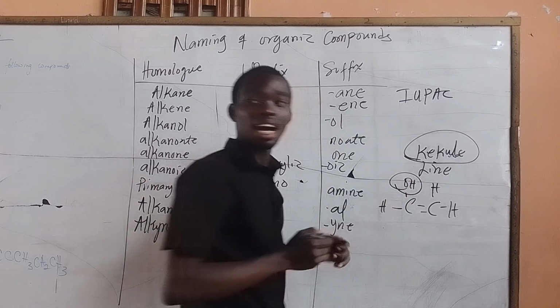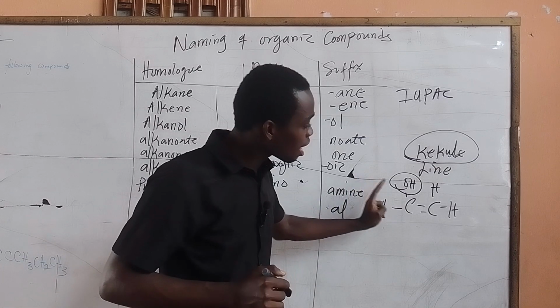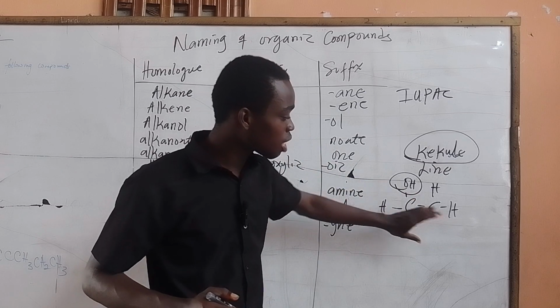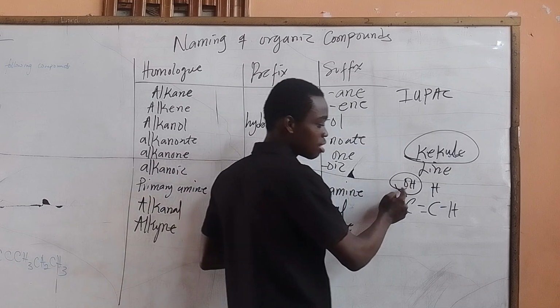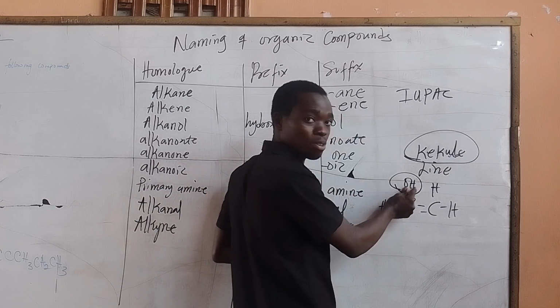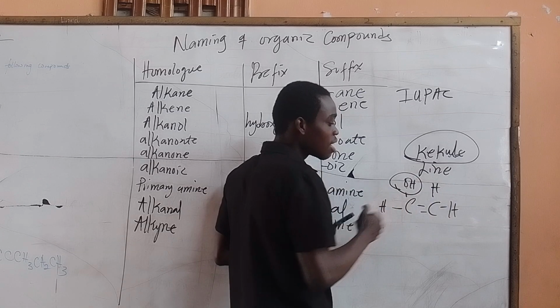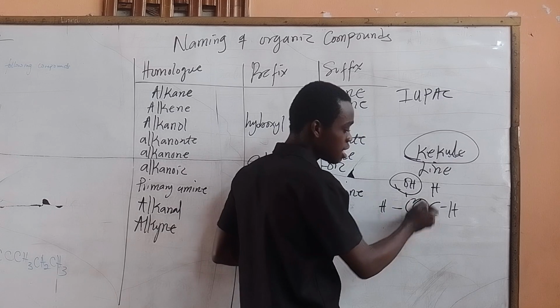A substituent is an atom or group of atoms other than hydrogen that is found on the parent hydrocarbon chain. So this is a group of atoms. This is a radical. It is different from hydrogen, so this is a radical. And I also have another functional group here, the ene.